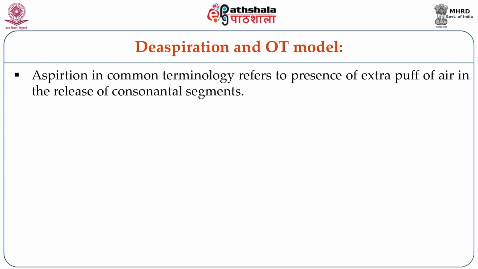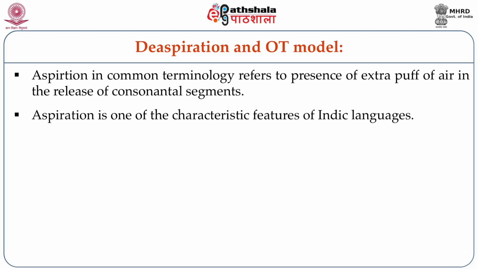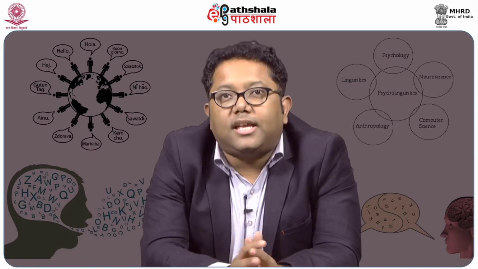Okay, now we are moving to another phonological process known as de-aspiration, the de-aspiration OT model. Before de-aspiration, you should know what aspiration is. Aspiration in common terms refers to the presence of an extra puff of air in the release of consonantal segments. Aspiration is one of the characteristic features of Indic languages. If I say pa and pha, this is a kind of aspiration.